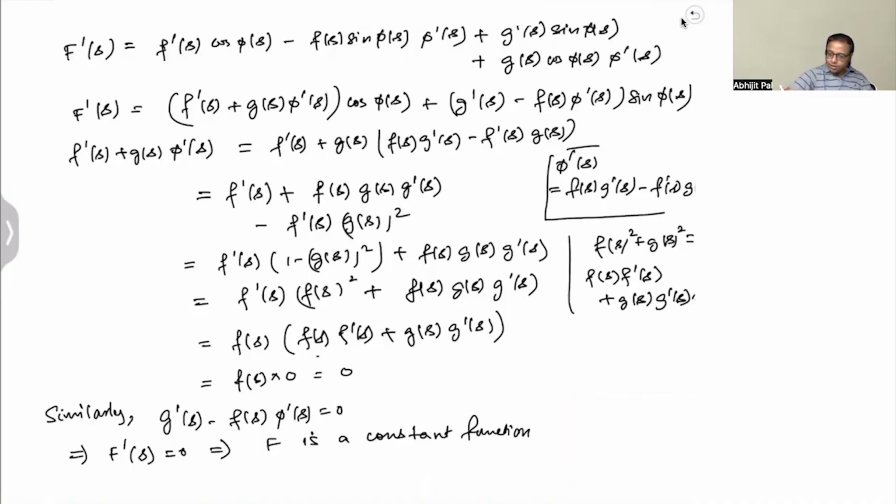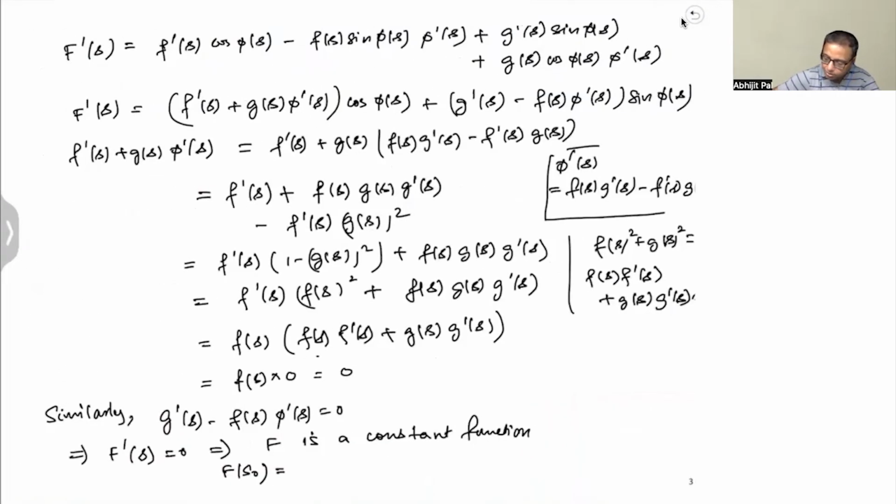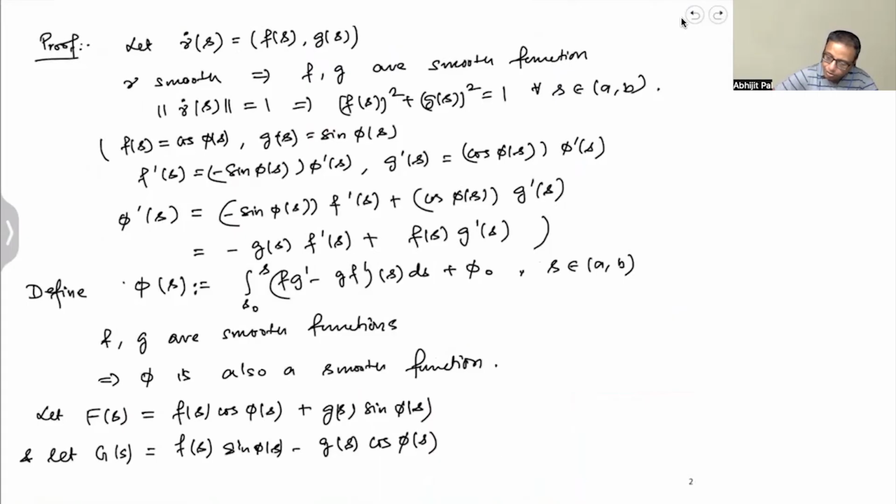And what is the value of F at the point s naught? It will be f s naught times cos phi s naught plus g s naught times sin phi s naught, and phi of s naught is equal to phi naught, and f of s naught is also equal to cos phi naught.